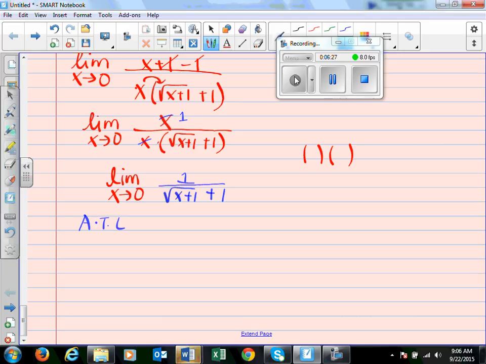So when you apply the limit, as x approaching 0, what happens? 1 divided by square root of 0 plus 1, which will just give you 1. So 1 plus 1, 1 over 2. That's it.